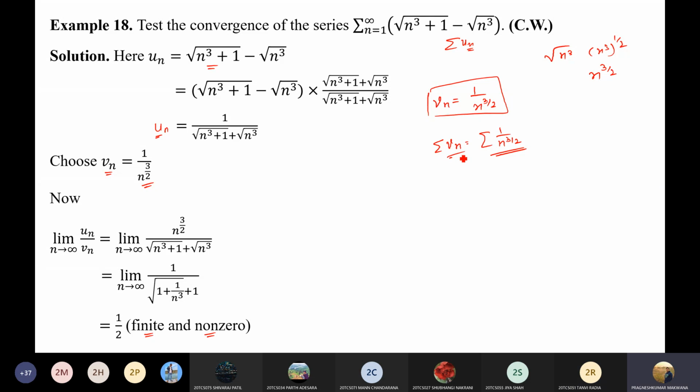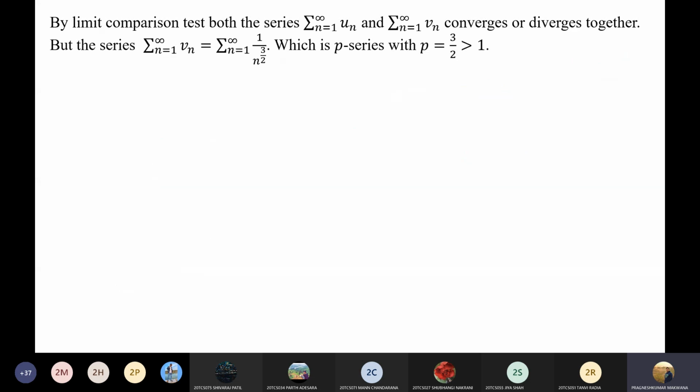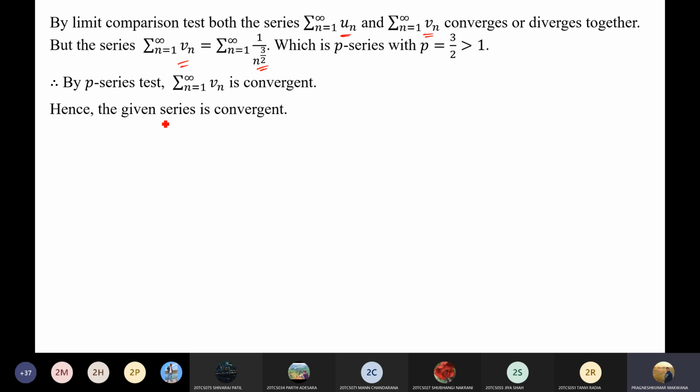So this series is convergent, then by limit comparison test, the given series is convergent. So you can write down these things. By limit comparison test, both the series converge or diverge together, but the series Vn is a P series, P greater than 1. So that is convergent. So therefore the given series is convergent.